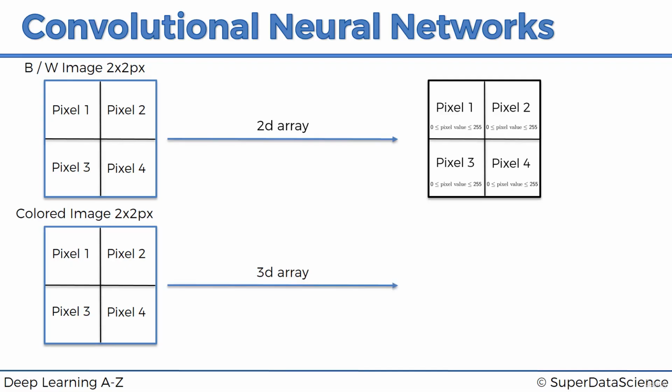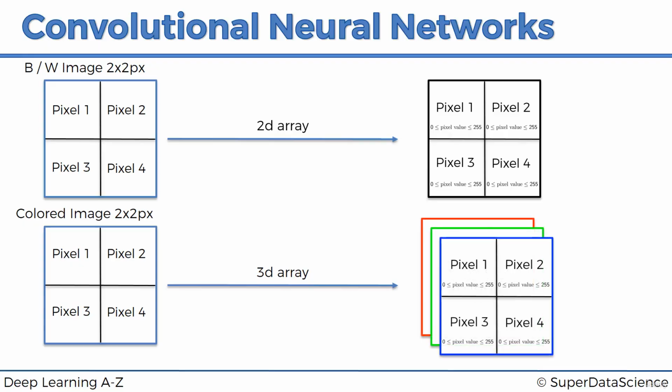And a colored image is actually a 3-dimensional array. You've got a blue layer, a green layer, and a red layer, and that stands for RGB, red, green, blue. And each one of those colors has its own intensity. So basically, a pixel has three values assigned to it.